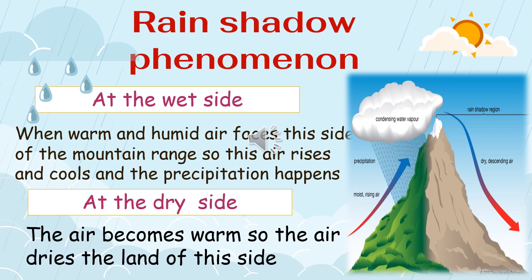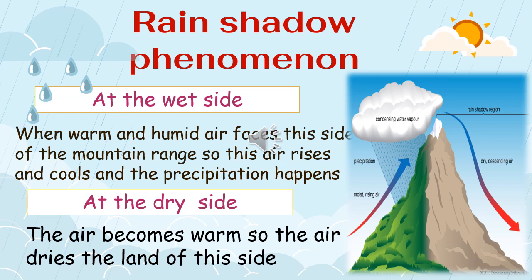Can anyone remind me what happens when the water vapor comes into the air? Super, it cools, then it condenses, and it comes back to the earth in the form of rain or sleet. So this side will be wet because of the precipitation.